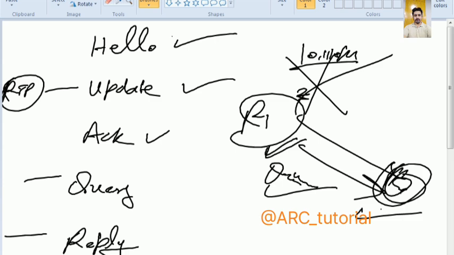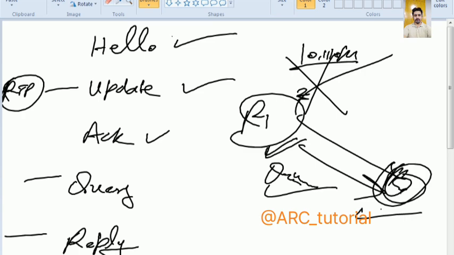But if your router does not receive a reply packet from its neighbor in response to the query message within 180 seconds, then it will announce itself as stuck in active. Then it will not be in active state, it will become stuck in active state. By default the active timer is 180 seconds.